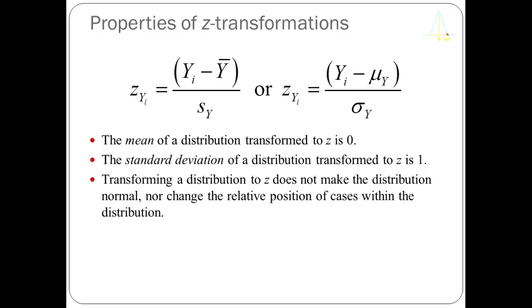Our original scale might be something like how old you are in years, so your age in years, and the output variable will be how old you are in z-score units. When I say this is a linear transformation, we're really not changing any of the numerical information contained in the variable. We're simply converting it to a different scale.